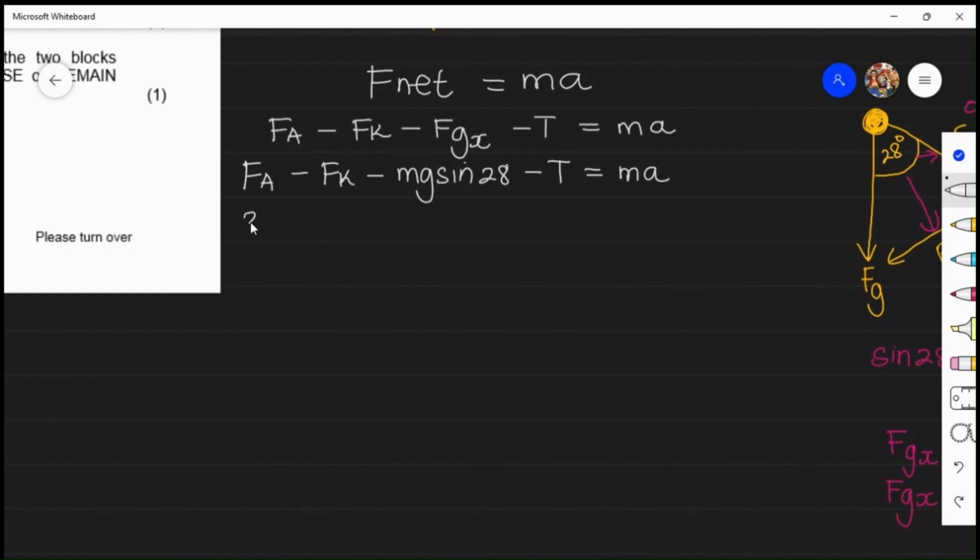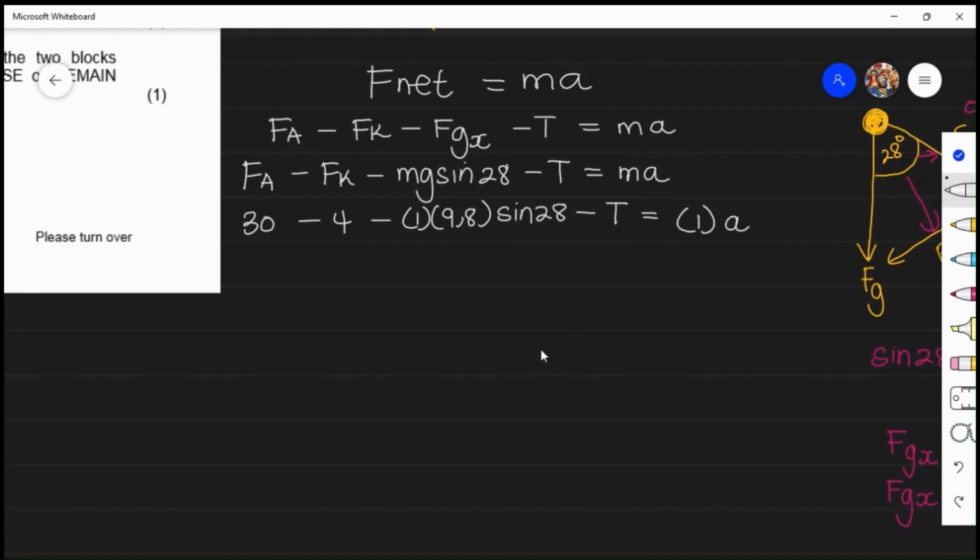So this is going to be 30 minus 4 minus a mass of 1, gravitational acceleration of 9.8, sine 28 minus tension, which is what we are calculating, T, which is then equal to our mass times acceleration.